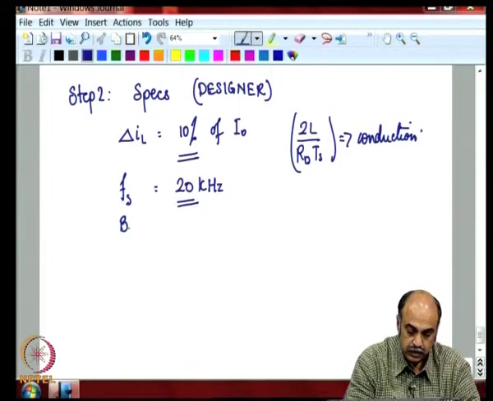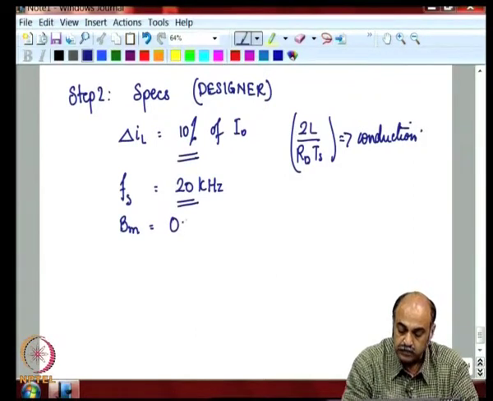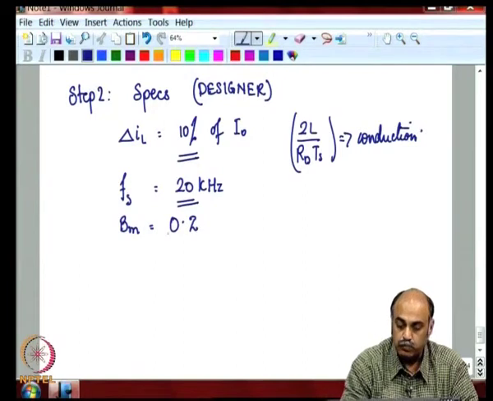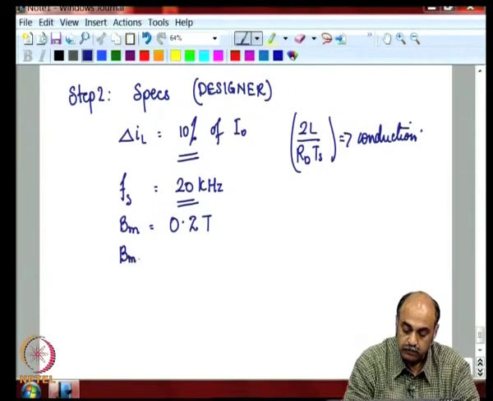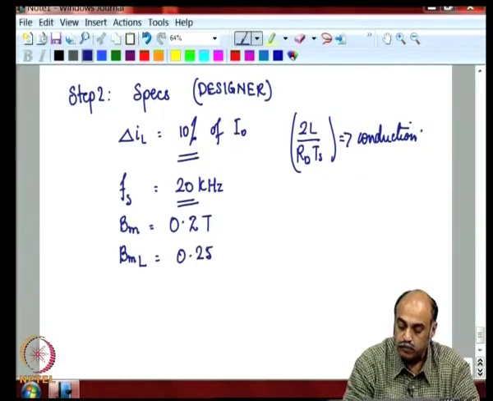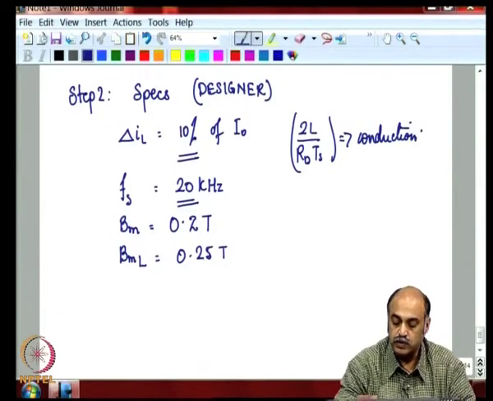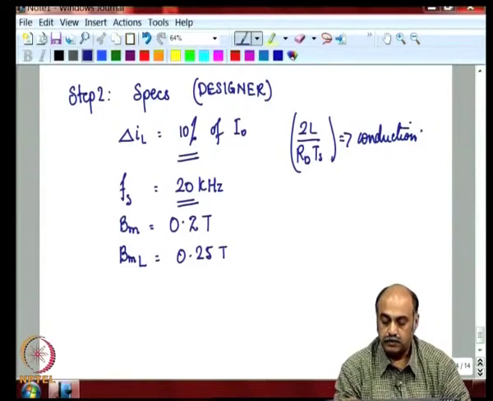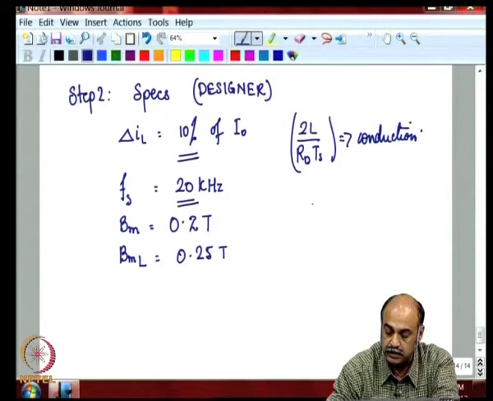Then decide the maximum operating flux density for the transformer, and if it is ferrite, fix it at 0.2 Tesla, and maximum operating flux density for the inductor, fix it at around 0.25 Tesla. You can always choose a slightly higher operating flux for the inductance, because the swing in the case of the inductance is smaller than in the case of the transformer.